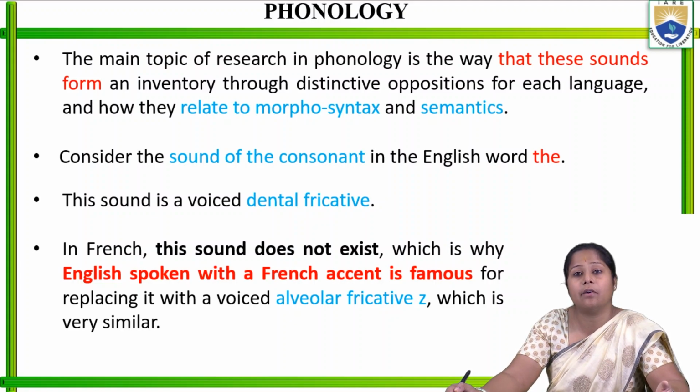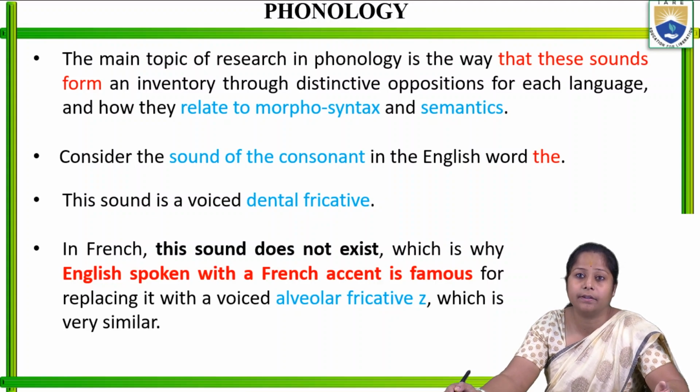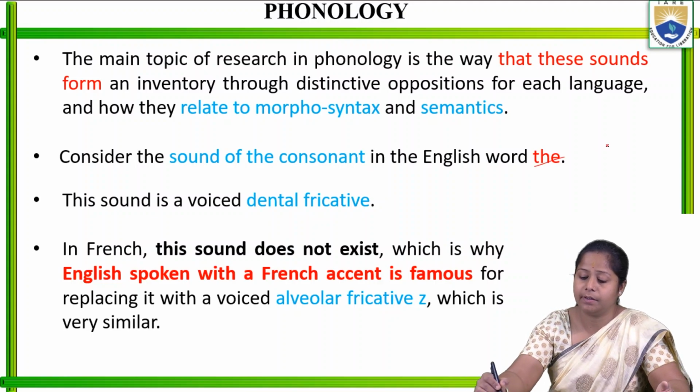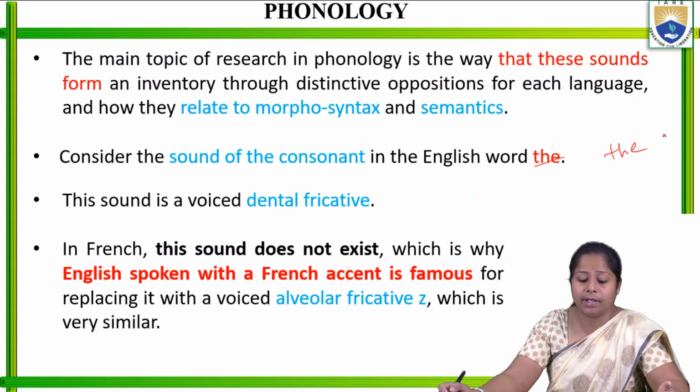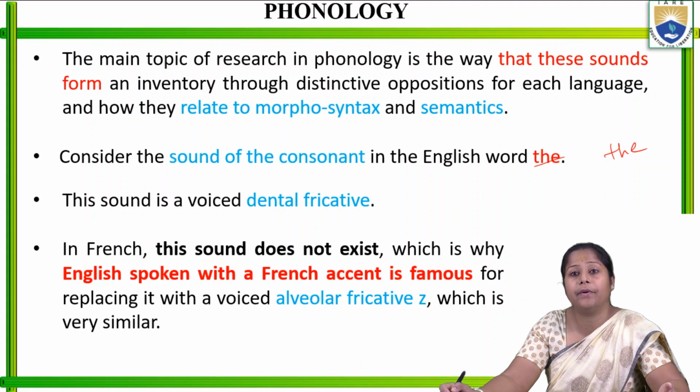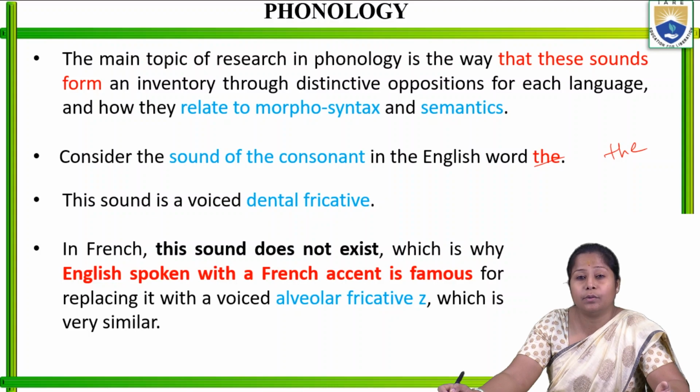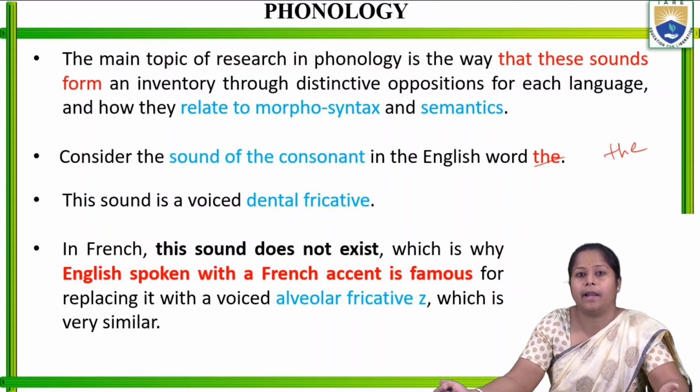Let's consider the sound of the consonant in the English word the, right? This sound is actually a voiced dental fricative. In French, this sound does not actually exist. It depends on the language: whatever sounds with respect to vowels and consonants are produced, some sounds will not occur in different languages, right?